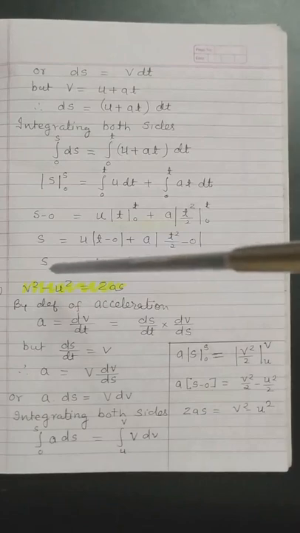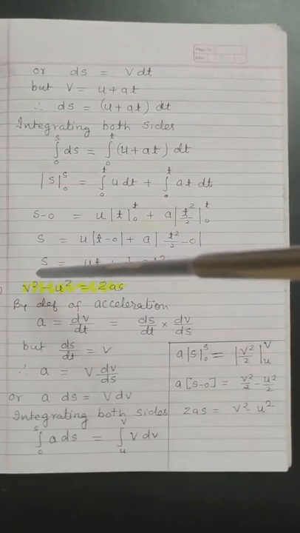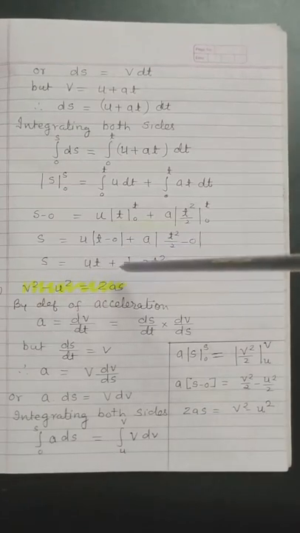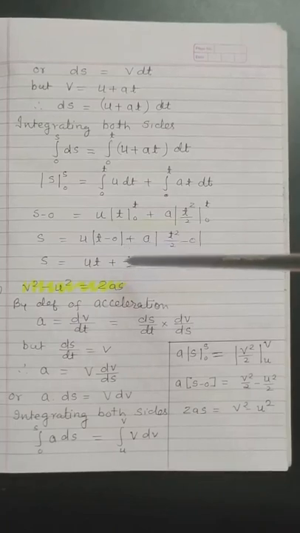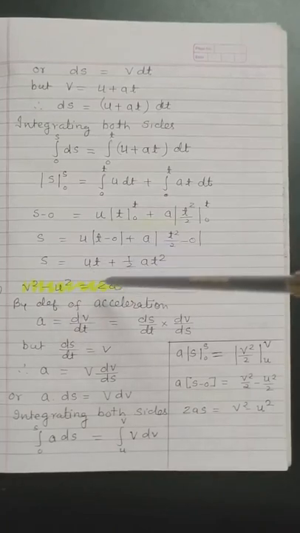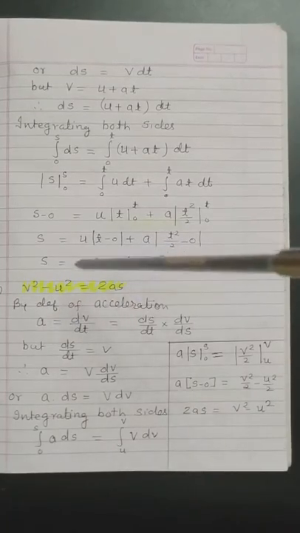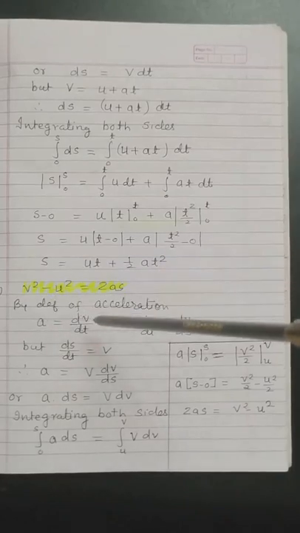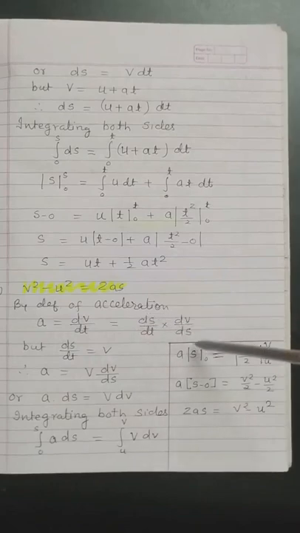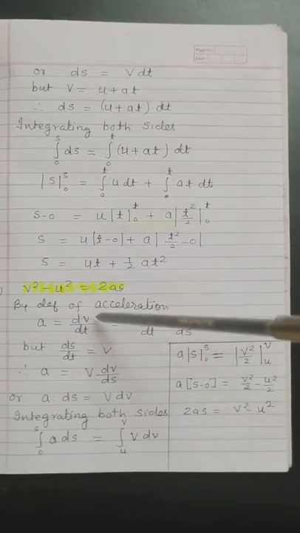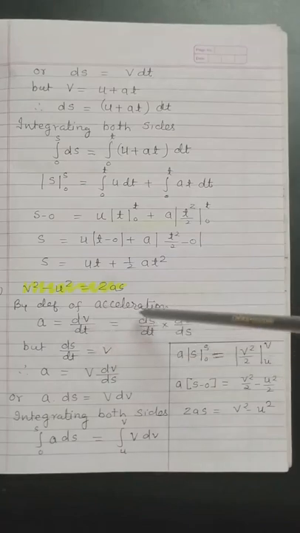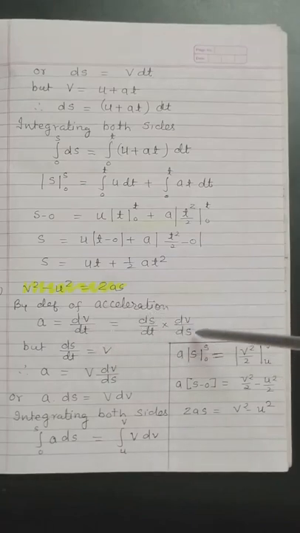And to derive the third equation of motion, that is v square minus u square equals 2as, once again we use the definition of acceleration, that is a equals dv by dt. Here in numerator and denominator we are multiplying the term ds. In dv by dt we are multiplying and dividing it by ds.